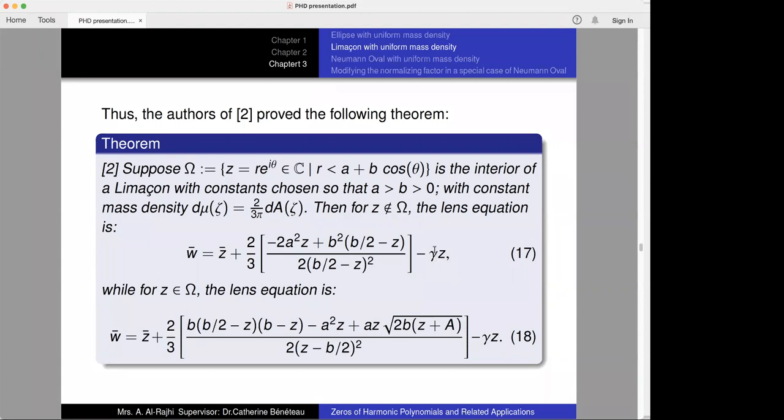But if we consider the shear term to be 0, by the Khavinson and Neumann theorem we will have at most 5 solutions, while by the Bénéteau theorem, it will still be 9 solutions. So what they said is we will have 9 solutions if the shear term is not 0, and 5 solutions if the shear term is 0.